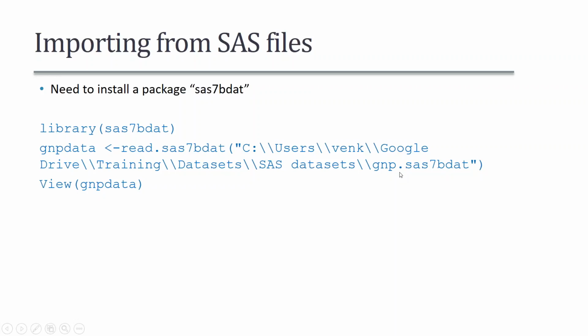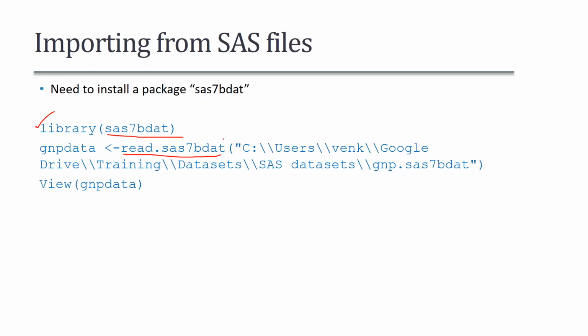So we have a data set called GNP data, which is in the SAS datasets folder. You need to import it inside R. So you need to use a function called read.sas7bdat. But that function is not readily available. You need to install the sas7bdat package. Just installing is not sufficient. You need to attach it using the library statement. So do all those steps.